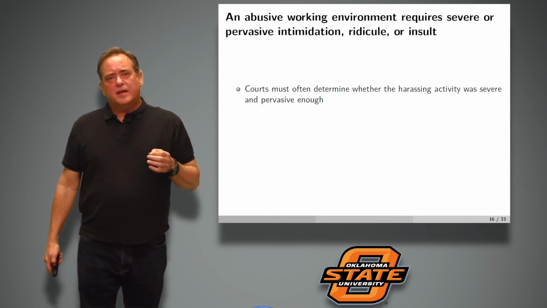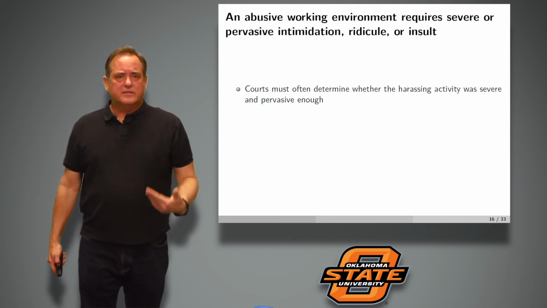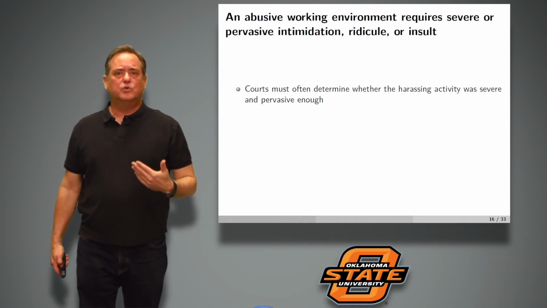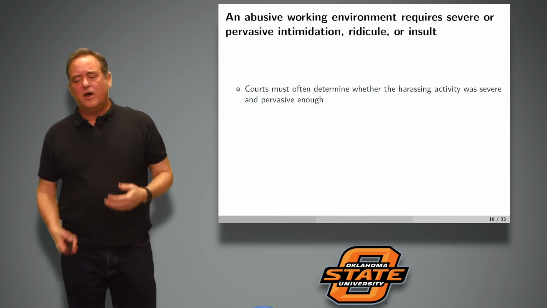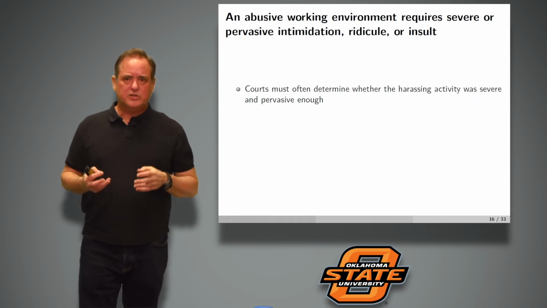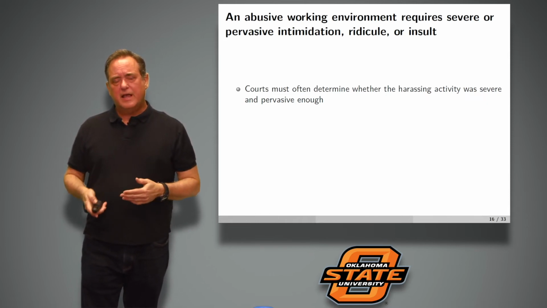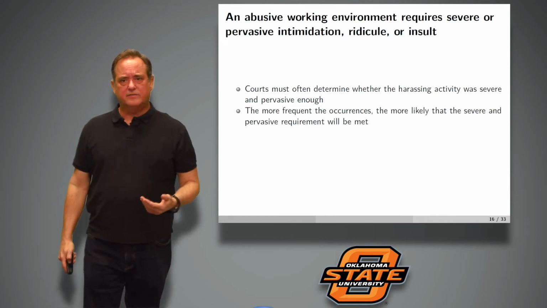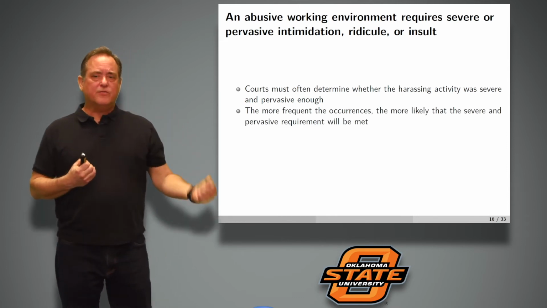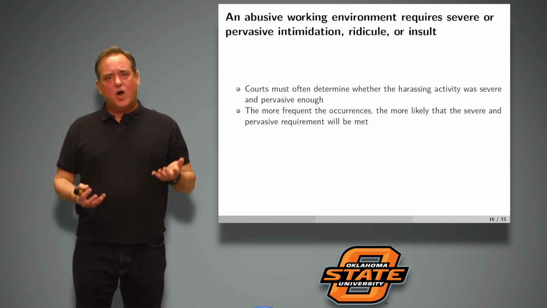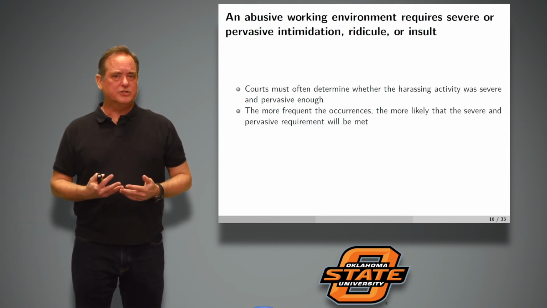Now, he said that an abusive work environment requires severe and pervasive intimidation, ridicule, insult, and oftentimes courts are faced with the question of whether the harassing activity was severe and pervasive enough. Now, when we talk about frequency and severity, these often work in an inverse relationship.